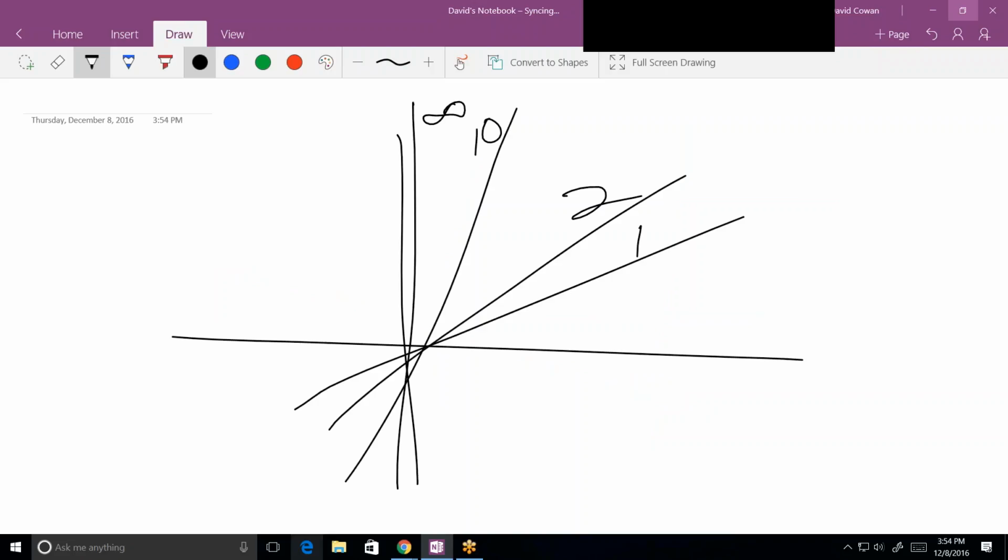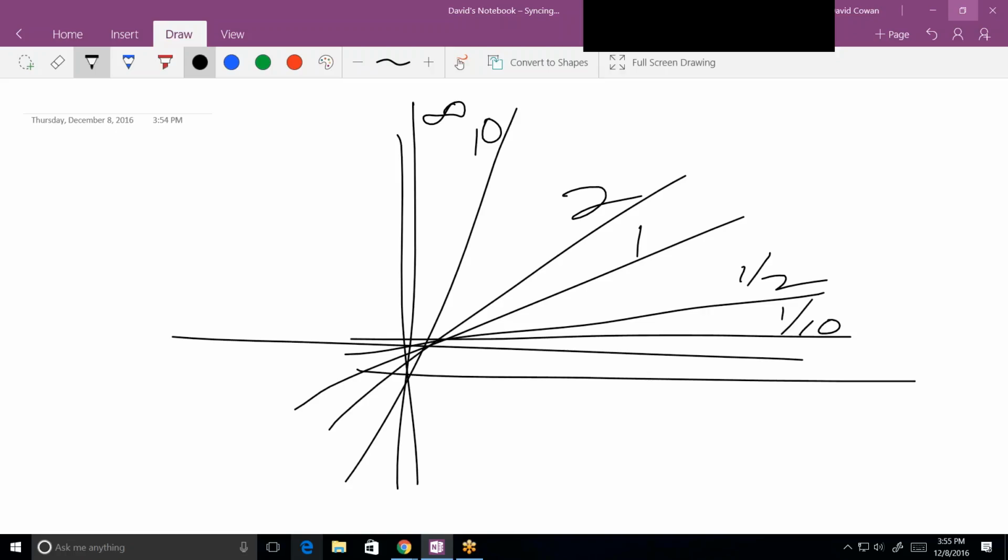They don't like using the word infinity, so they say undefined. But if I go the other direction, there's a slope of 1/2, a slope of 1/10. By the time I get to the horizontal line, that slope is 0. There's a huge difference between 0 and infinity.